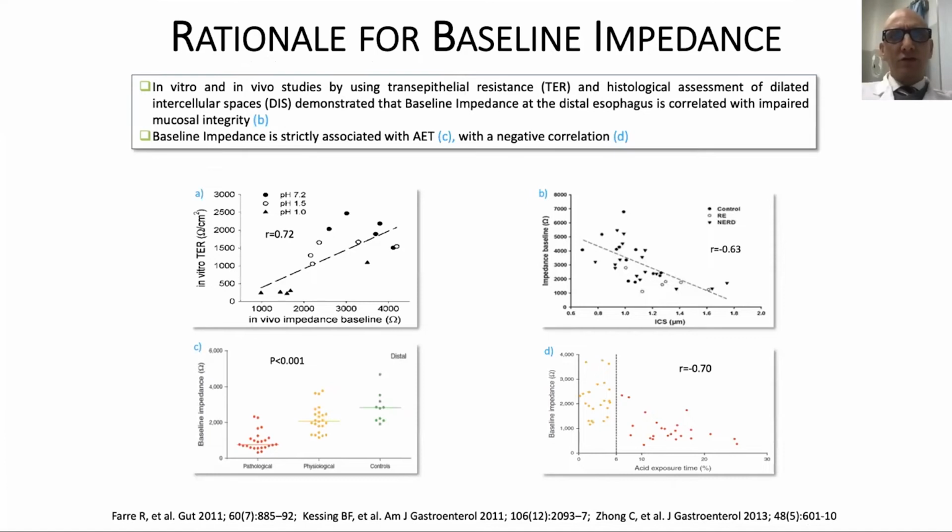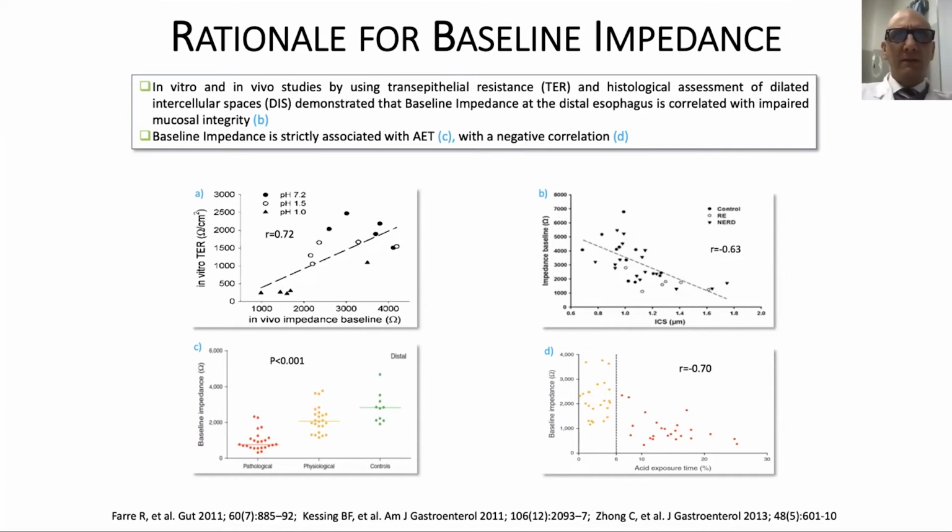Now we have to talk about the two novel impedance parameters, baseline impedance and post-reflux swallow-induced peristaltic wave. Baseline impedance was first described by Farré and co-workers, because they performed an acid perfusion experiment in healthy subjects and demonstrated that baseline impedance level drops and maintains a low value after acid solution.